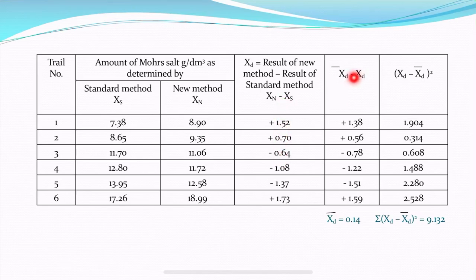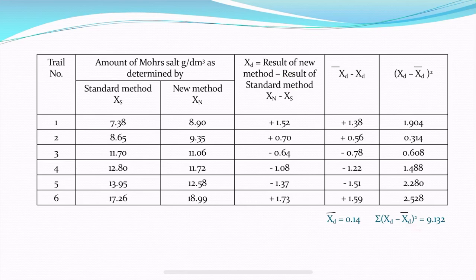He has calculated the mean and subtracted the mean from the xd values, and then he has calculated the summation of xd minus xd bar whole square, and he found it as 9.132.